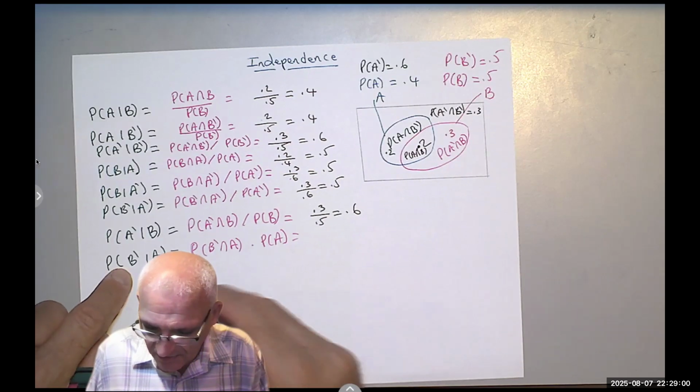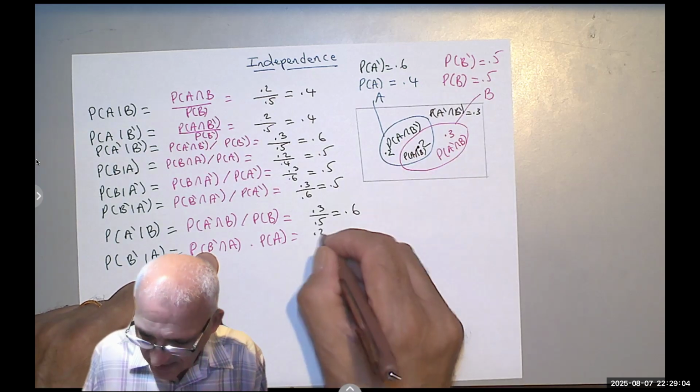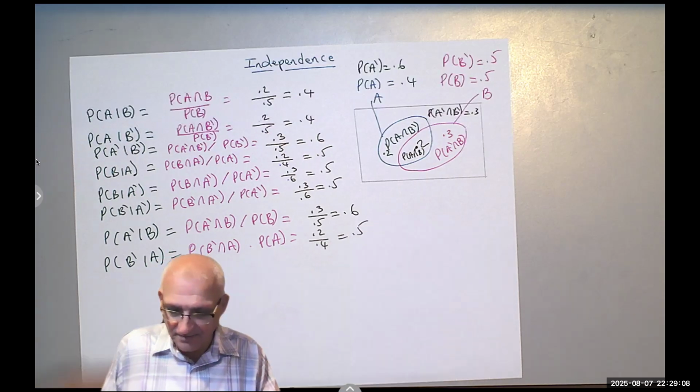And the probability of not B and A is 20%, divided by the probability of A, which is 0.4, you get 50%.